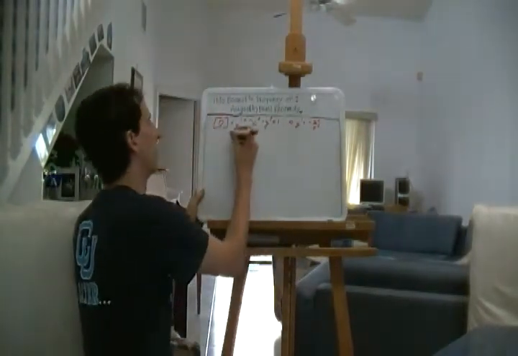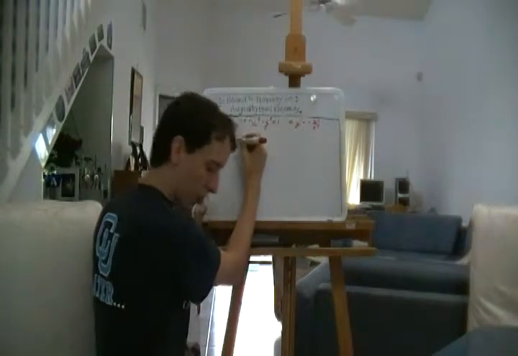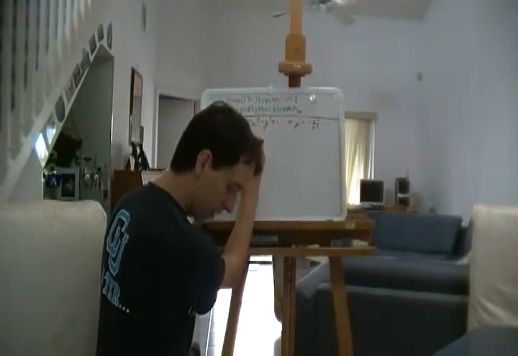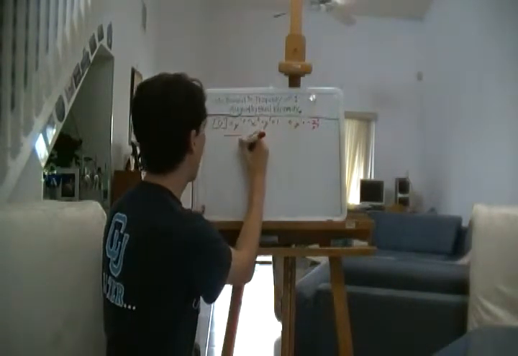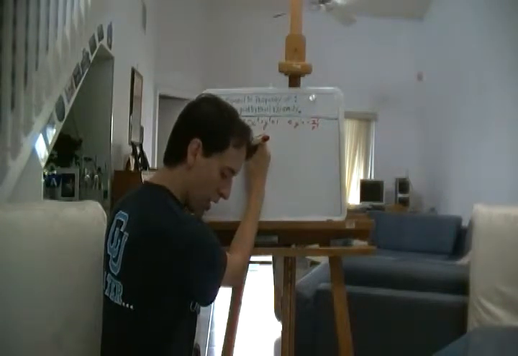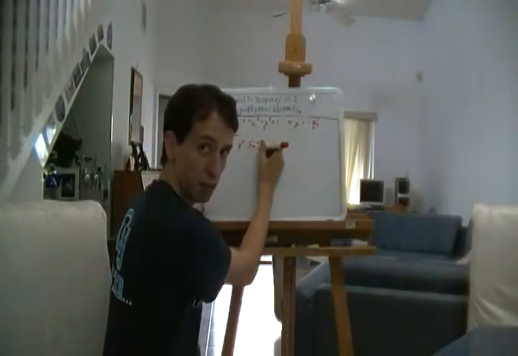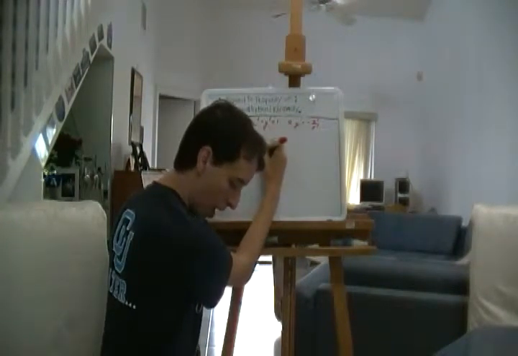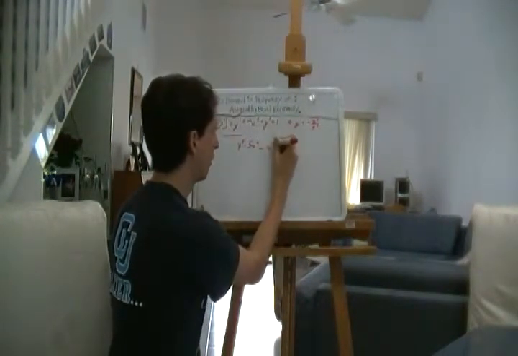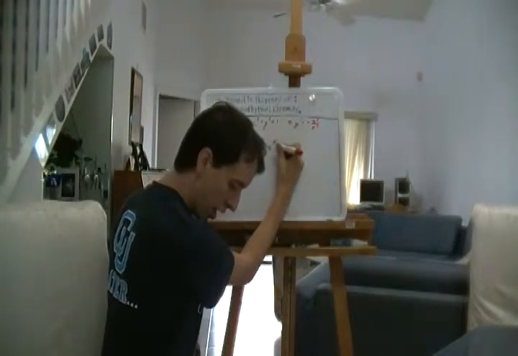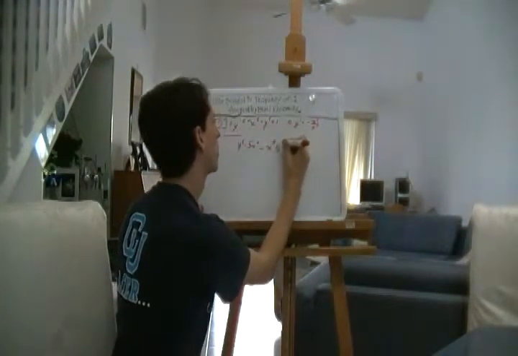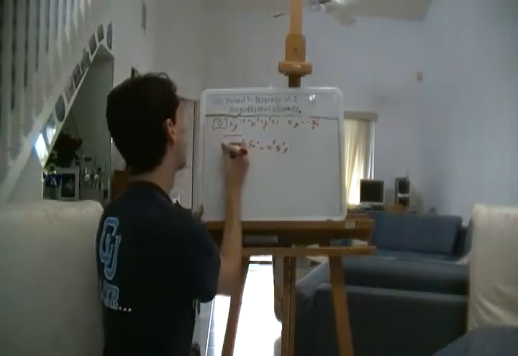So that means we're going to get y to the 5th times 5x to the 4th, g times f prime x, minus x to the 5th times 5y to the 4th, y prime.